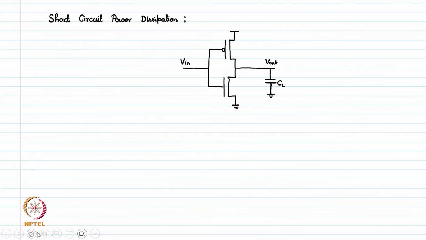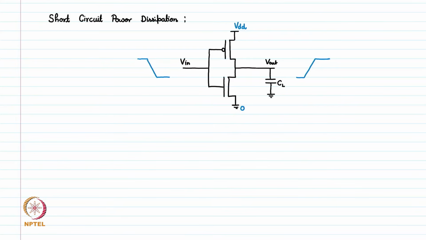Now at V input, we are applying a high to low transition, and similarly output rises from low to high. Now what happens, we have here VDD, which is supply voltage, generally a high value, and this is the ground, which is 0 volt.